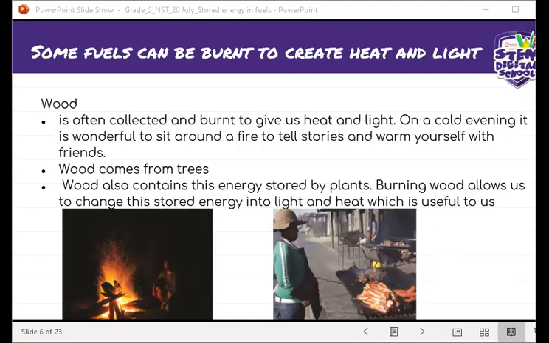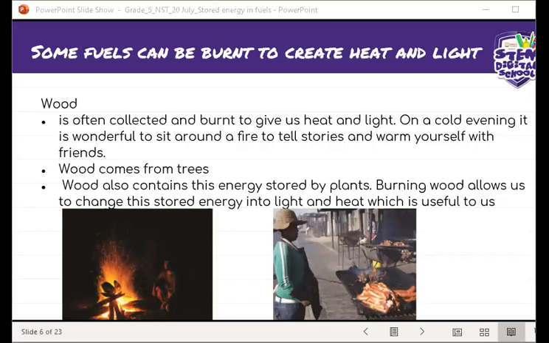Figure 1, food is fuel for your body. Figure 2, wood contains stored energy. The stored energy is released when we burn the wood. Figure 3, a coal fire can be used to cook food. Figure 4, scientists use gas as a source of energy. The gas in this heater is natural gas.